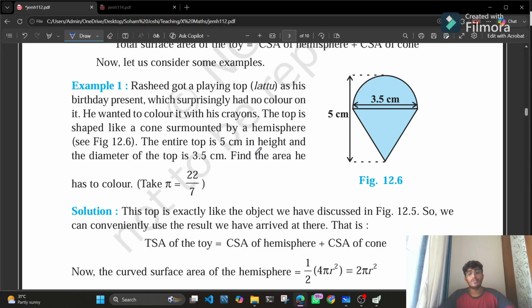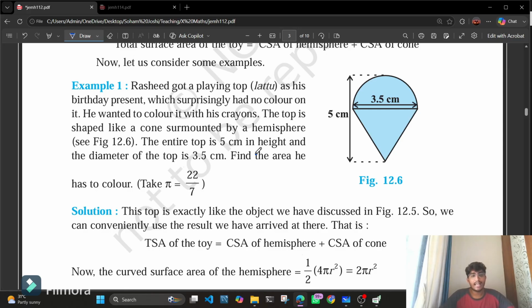Rashid got a playing top, Lattu, as his birthday present, which surprisingly had no color on it. He wanted to color it with his crayons. The top is shaped like a cone surmounted by a hemisphere. The entire top is 5 centimeter in height, and the diameter of the top is 3.5 centimeter.